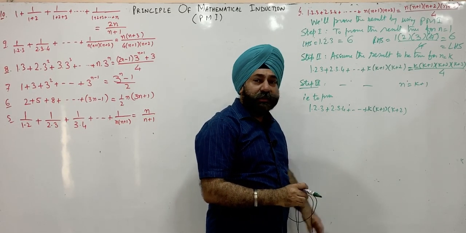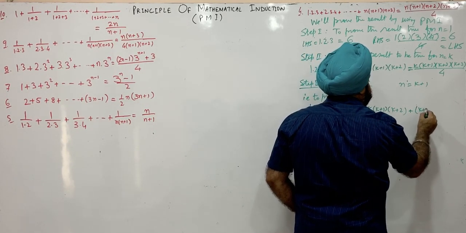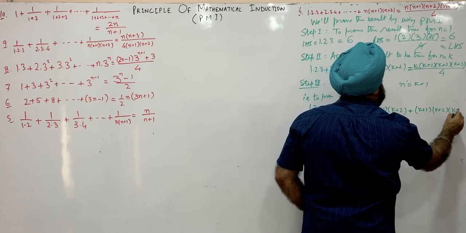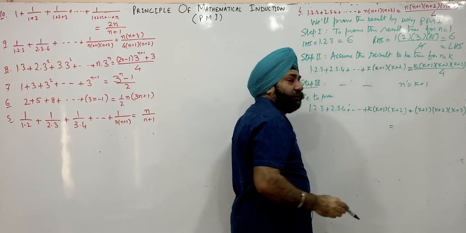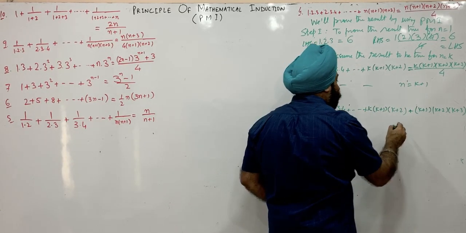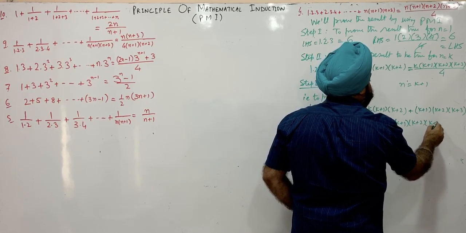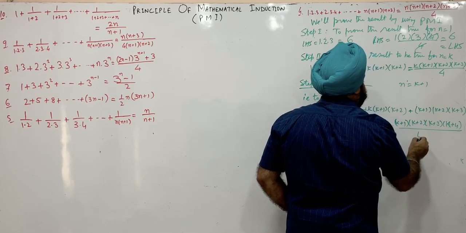How do we find out the next term? We replace k by k plus 1. Next will be k plus 1 plus 1, that is k plus 2. This will be k plus 3. This is right hand side, replace k by k plus 1 into k plus 2. Next will be k plus 3, k plus 4 and upon 4.